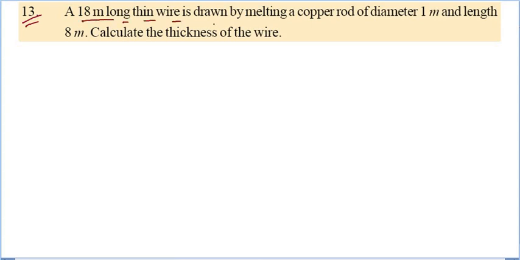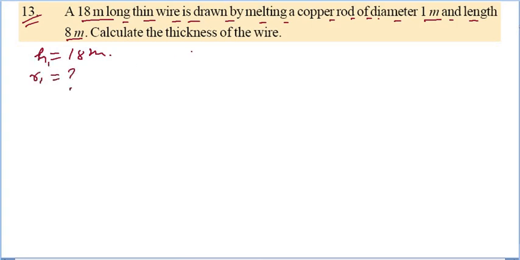An 18-meter long thin wire is drawn by melting a copper rod whose diameter is 1 meter and length is 8 meter. Calculate the thickness of the wire. 18-meter long, so the length is given as 18 meter, which we can call H1.